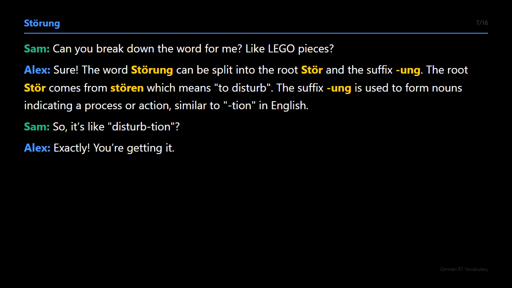The root Stör comes from stören, which means to disturb. The suffix is used to form nouns indicating a process or action, similar to t-i-o-n in English. So, it's like disturb-tion. Exactly. You're getting it.